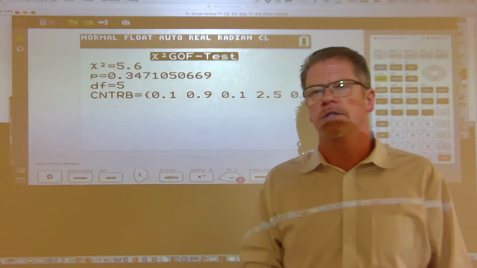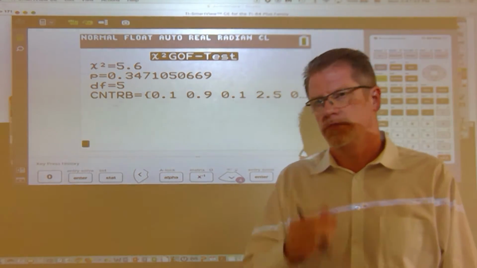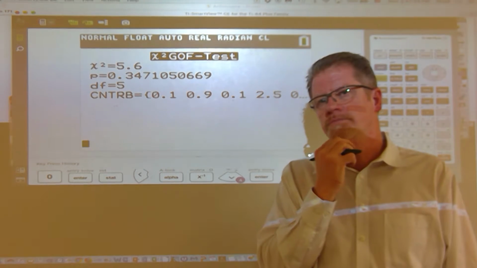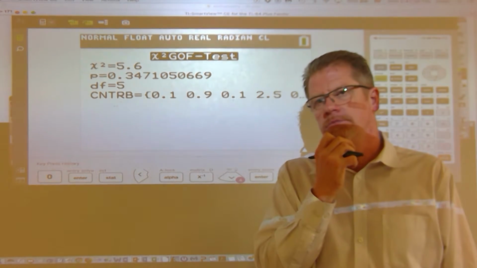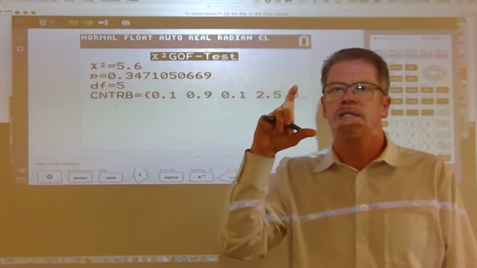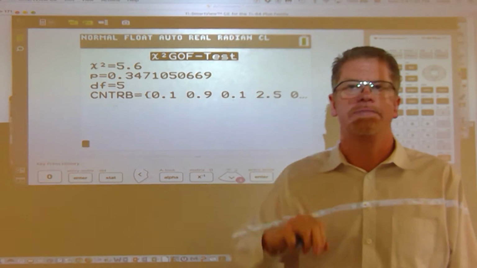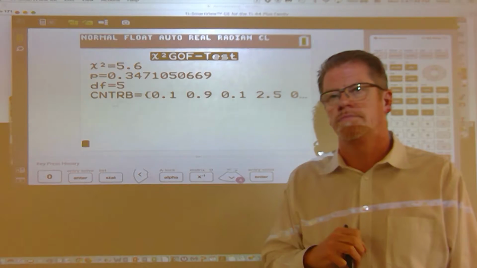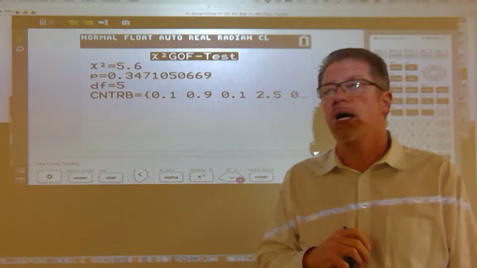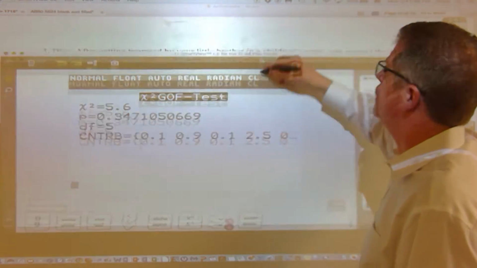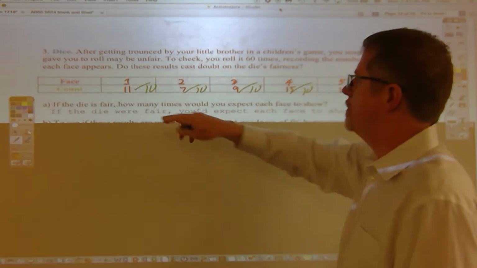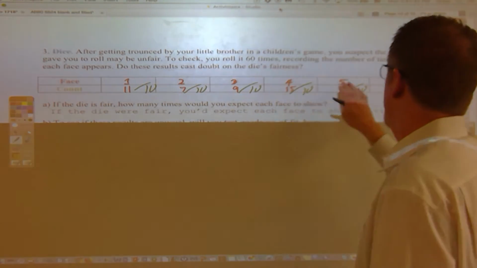Yes, question? So the degrees of freedom is 5 because you have 5 faces? No, it's n minus 1. So it's the number of faces, 6, minus 1. Why isn't it 60 minus 1? Because it's the number of cells. So it's basically 1, 2, 3, 4, 5, 6.